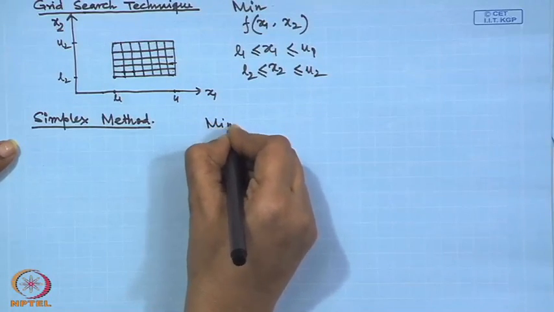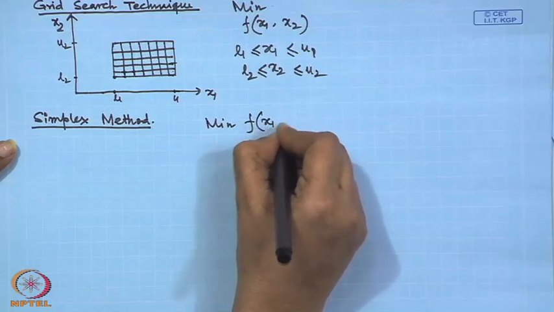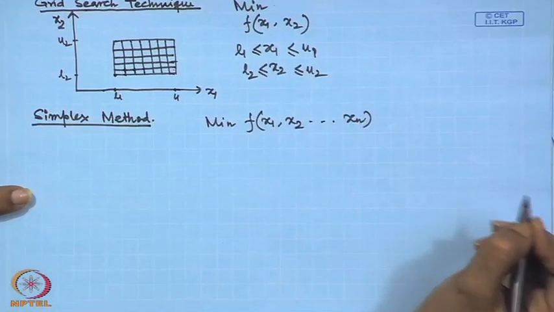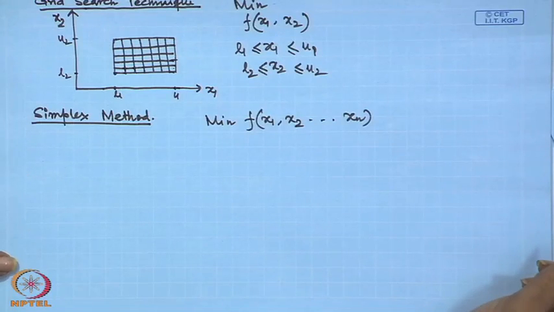The first task is to develop the simplex, and next to show how the simplex will be updated to get a better result. Better in the sense that we are considering the objective function, the minimization of f of x1, x2 up to xn, where n decision variables are involved. Let us consider an initial simplex.